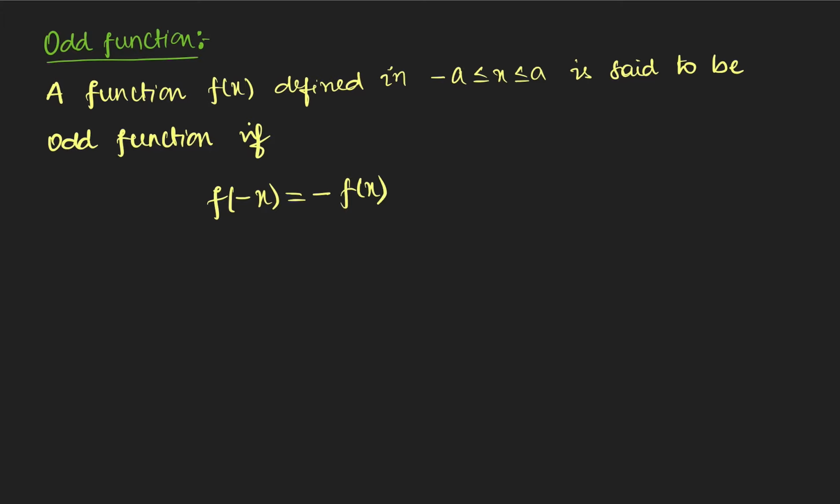Means, on replacing the value of x by minus x, we need to get the negative of the function. Then we can say that the given function is an odd function.